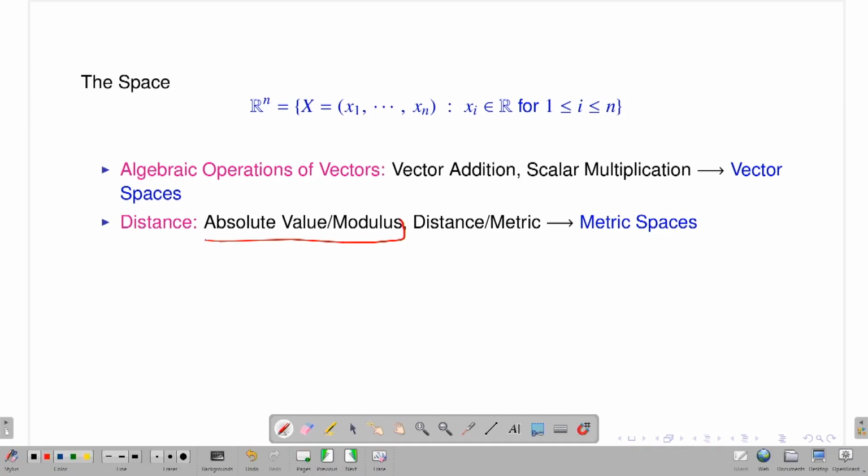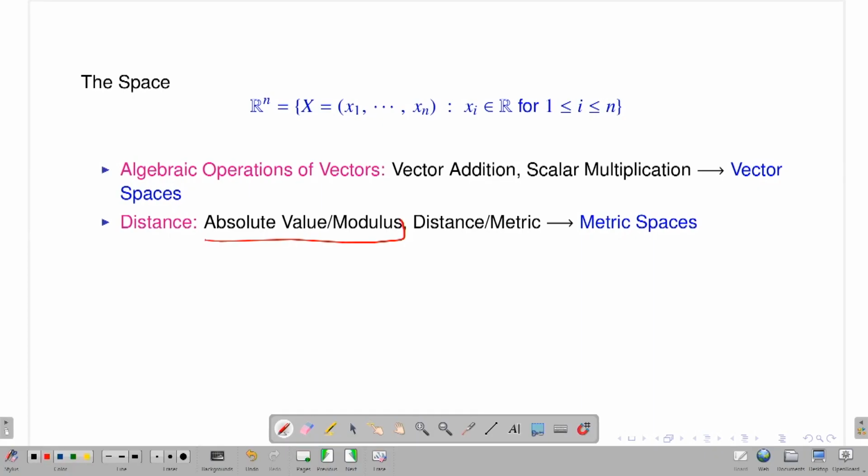The absolute value or modulus can be generalized to the concept of distance between two points or two elements. That distance is called a metric. This concept is generalized as a metric space, which is used to study the convergence of sequences, limits of functions, continuity of functions, etc.